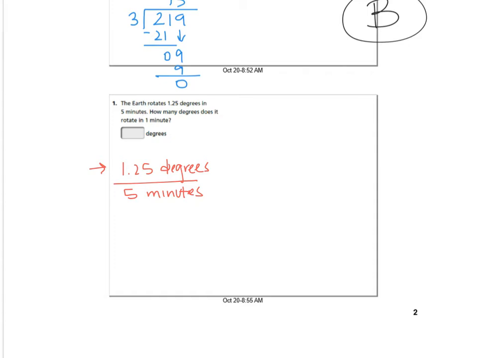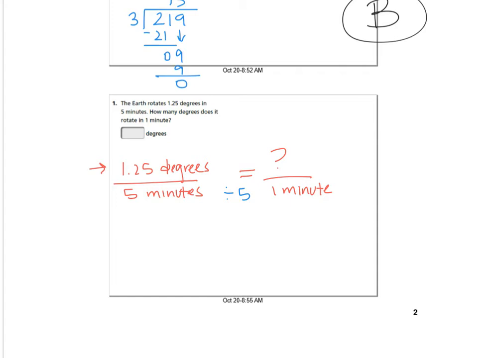Now it's asking us how many degrees does it rotate in 1 minute. So to get from 5 minutes to 1 minute, we have to divide by 5. So whatever we do to the bottom, we have to do to the top.